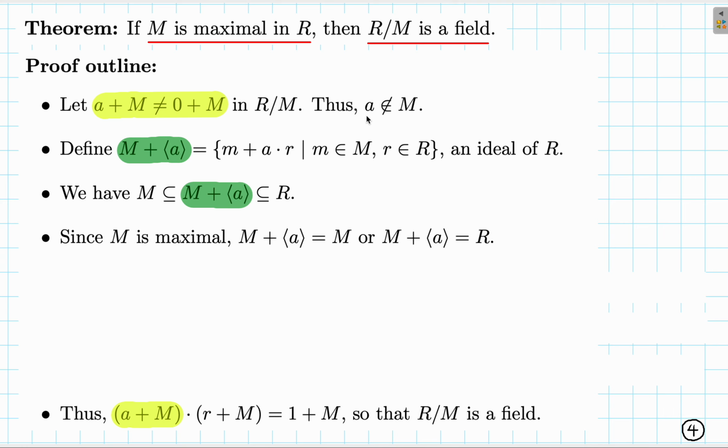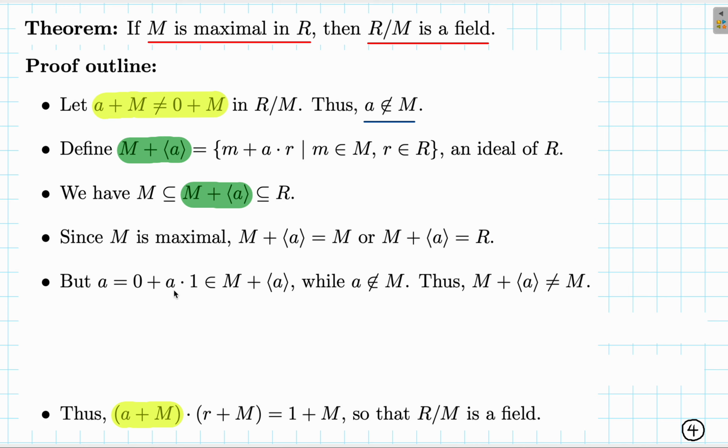And here's where our earlier observation that element A is not contained in the ideal M will play a role. Now we can write A as 0 plus A times 1, which has the form of an element in our ideal M plus ⟨A⟩. And therefore, A is contained in M plus ⟨A⟩.